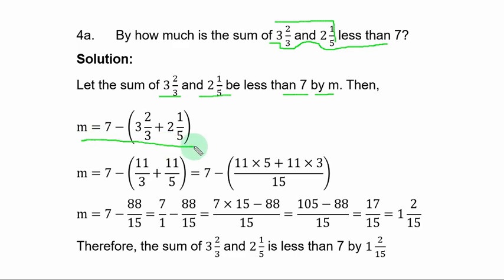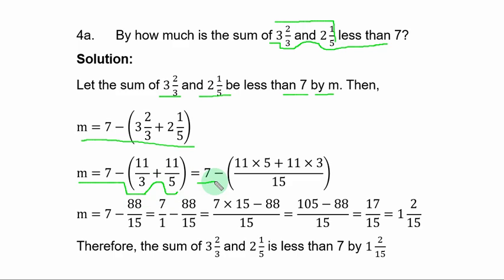Alright, so by BODMAS, let's try and simplify the bracket. First, you convert them to improper fractions, and you have m equal to 7 minus bracket open 11 over 3 plus 11 over 5 bracket close, equal to 7 minus bracket open.